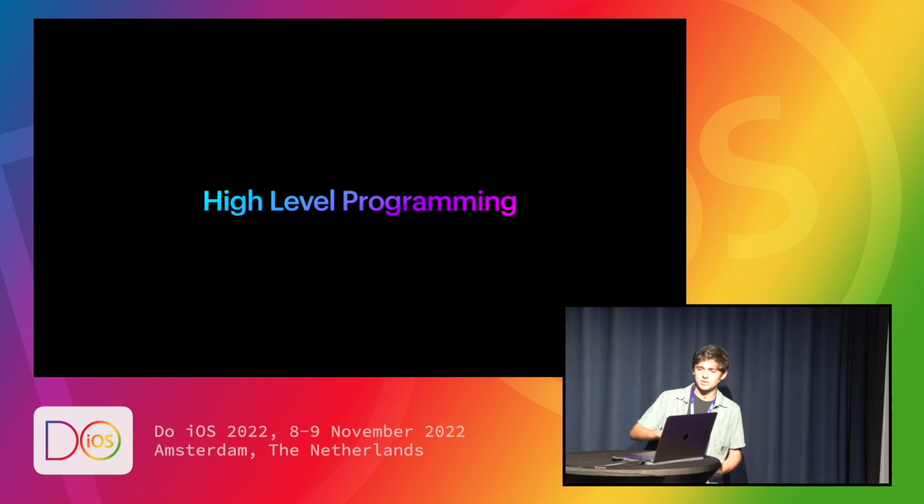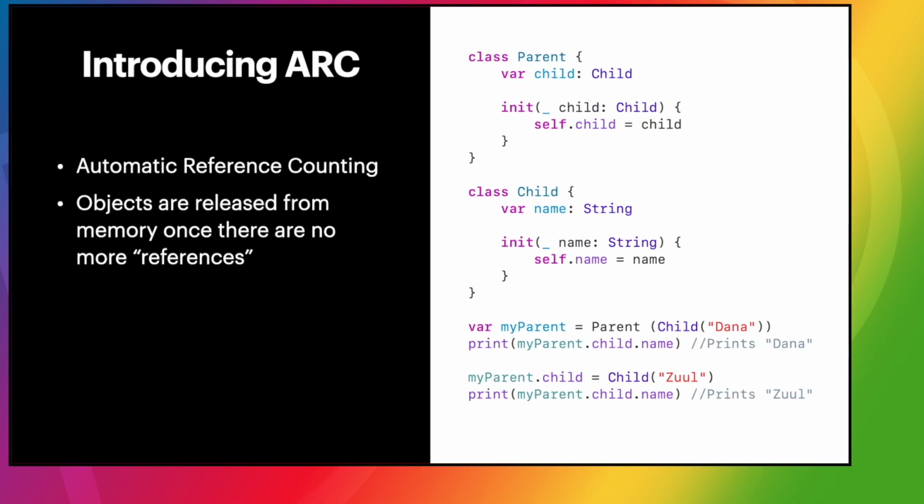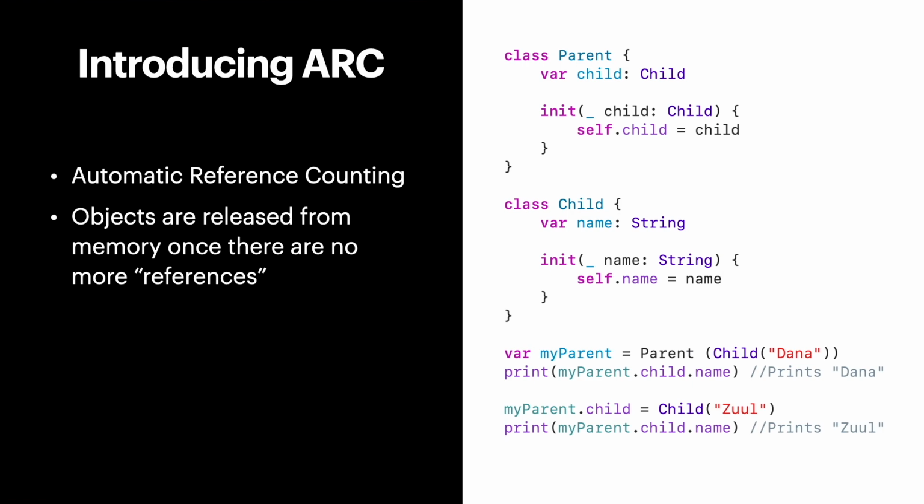Now, with Swift, we first started off our separation from Objective-C with ARC, automatic reference counting. With automatic reference counting, imagine you are taking a leash and attaching it to every object that you create. And as soon as you run out of leashes, your dog of sorts just runs away. So in the code over here, you have this parent and child class, where the child class is going to hold just a reference to its name.